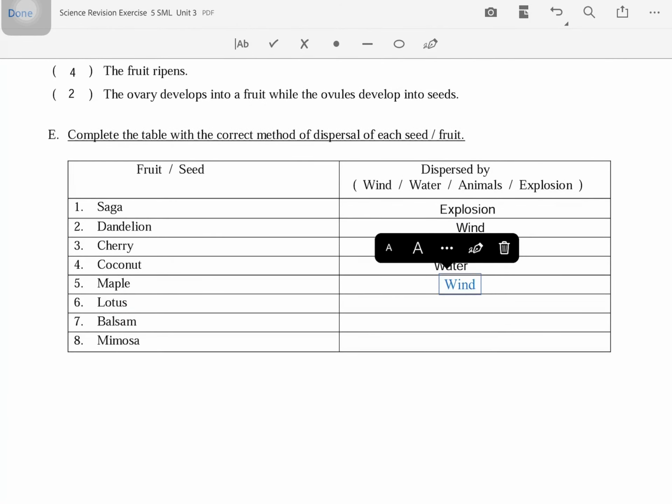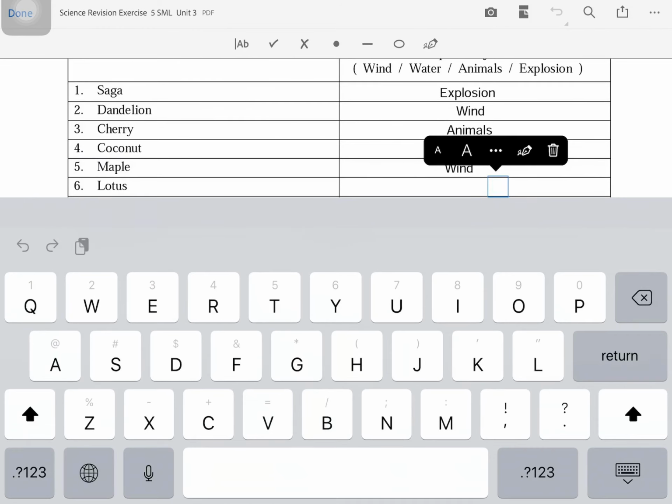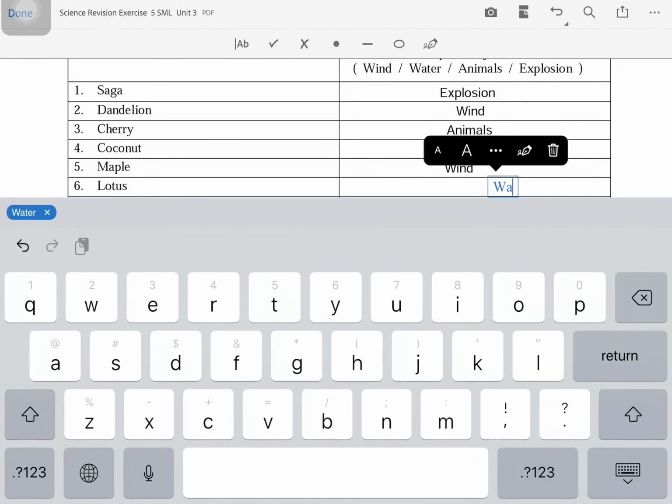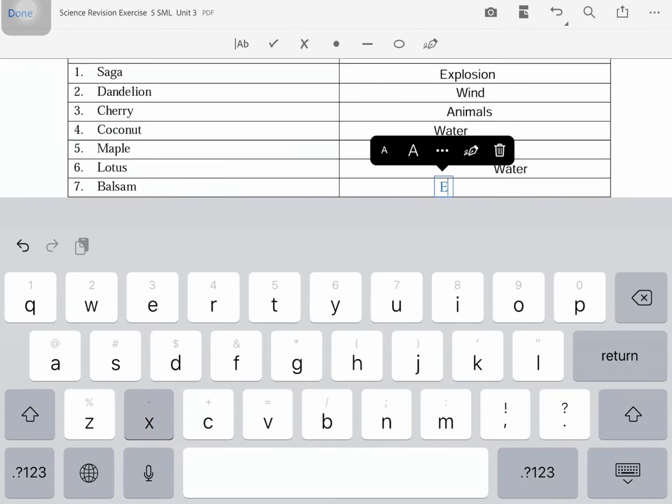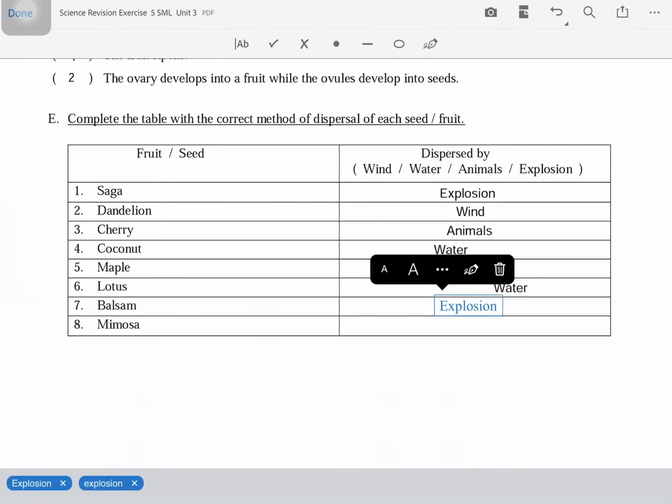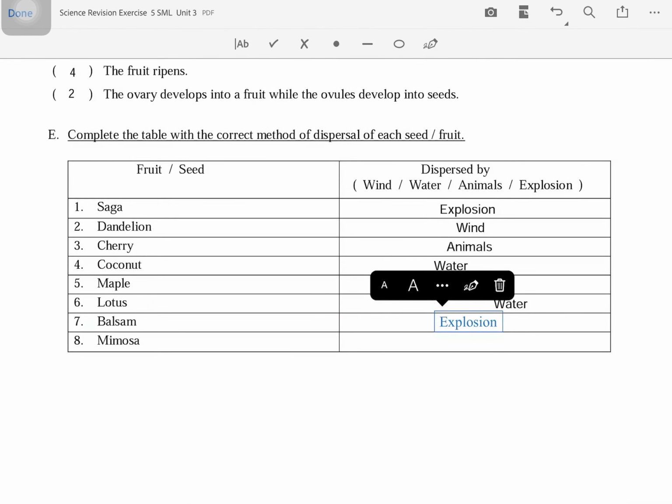Lotus is by water, because it's a plant that lives in water. And then question number 7, balsam, is by explosion. We talked about it just now. And then the last question is mimosa plant.